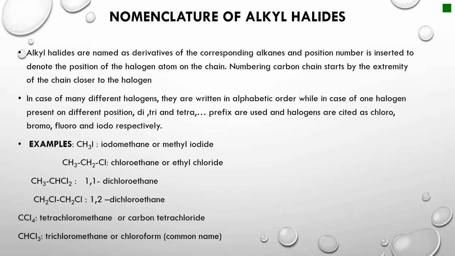Let us have examples. Our first example is CH3I. In this molecule, we have two names. One is a systematic name, another one is a common name. Let us see how we have constructed this systematic name.